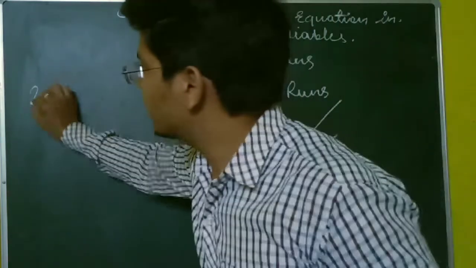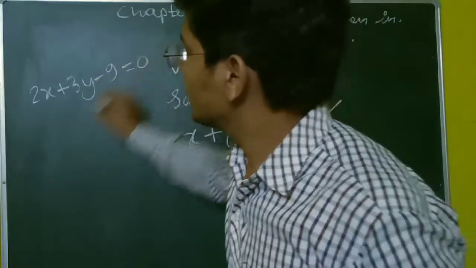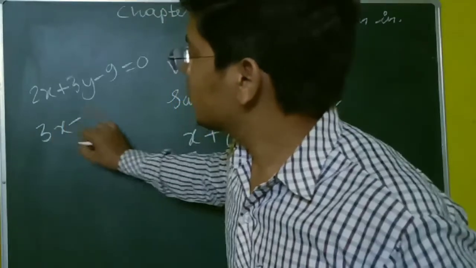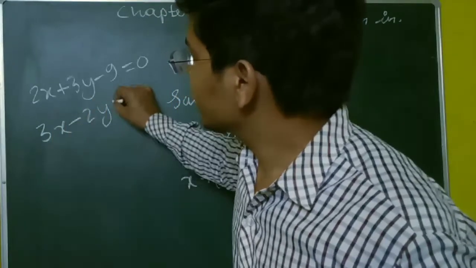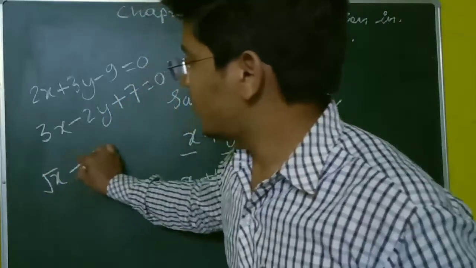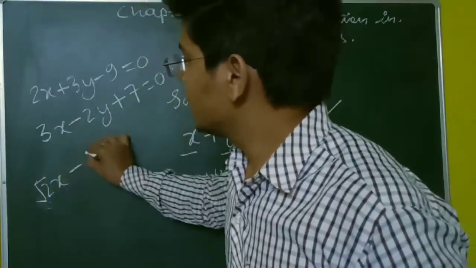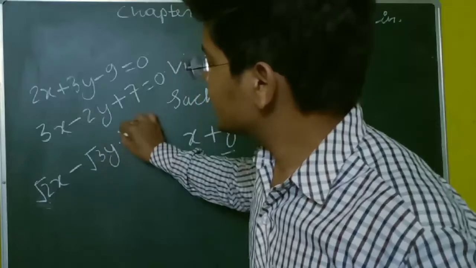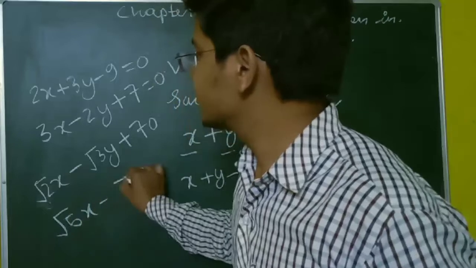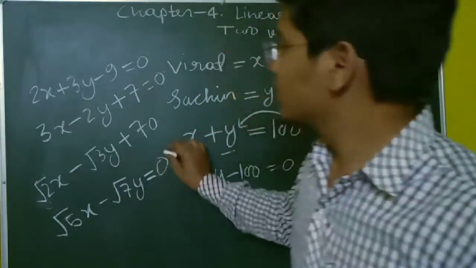Let's suppose we have 2x plus 3y minus 9 equals 0, 3x minus 2y plus 7 equals 0, root 2x minus root 3y plus 7 equals 0, root 5x minus root 7y equals 0.